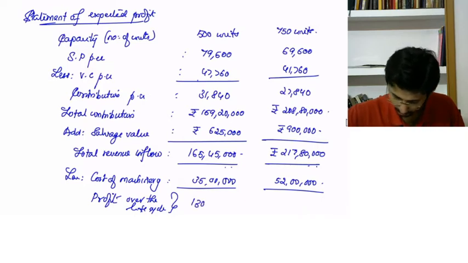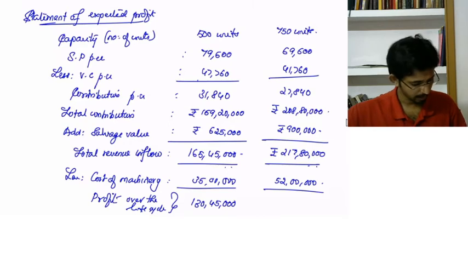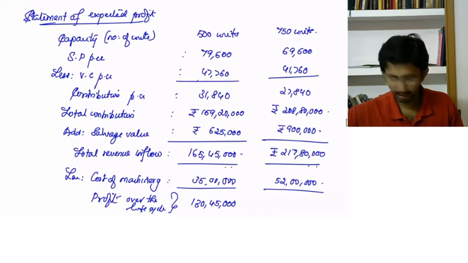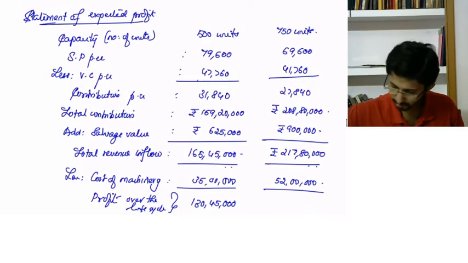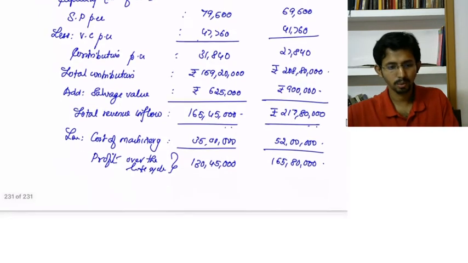It will be 1,30,45,000. Here it will be 2 crore 17 lakh 80,000 minus 52 lakh. It will be 1,65,80,000.